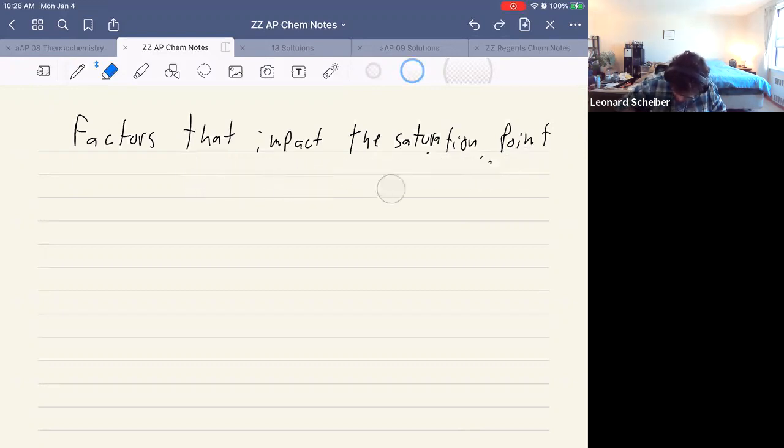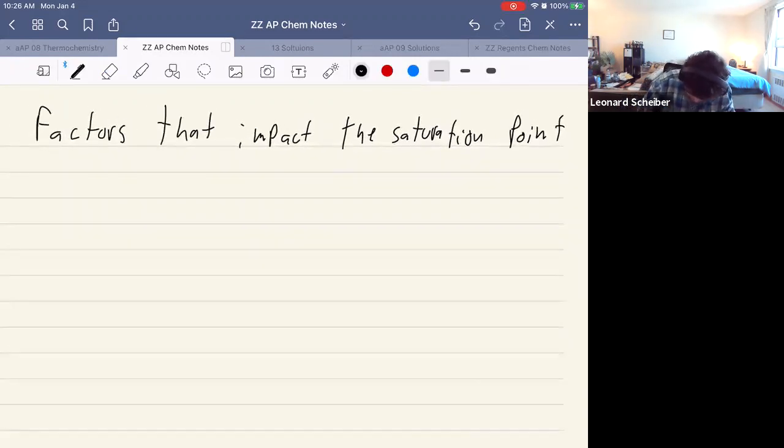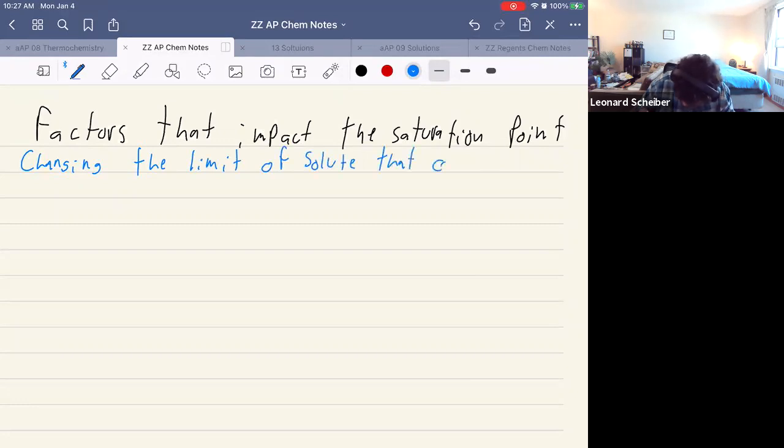It's really changing the saturation point, but changing the limit of solute that can be dissolved in the solvent.